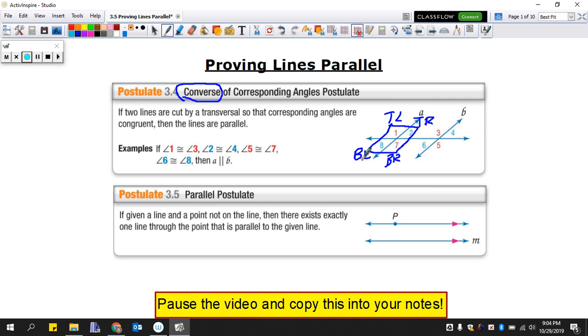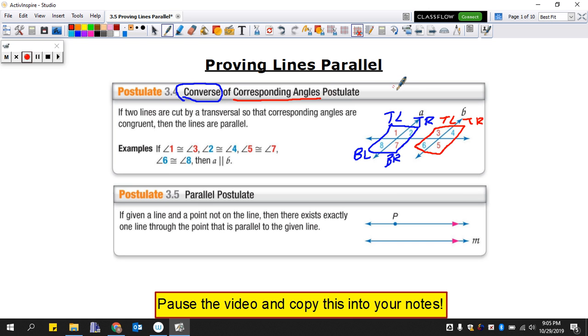So those are the corresponding. Those blue angles correspond with the red ones. So this top left corresponds with the red top left. So 1 corresponds with 3, and top right corresponds with top right, so 2 corresponds with 4, and so on.